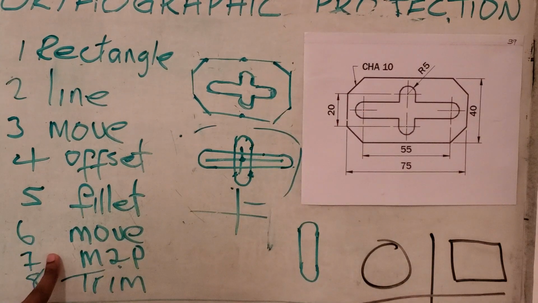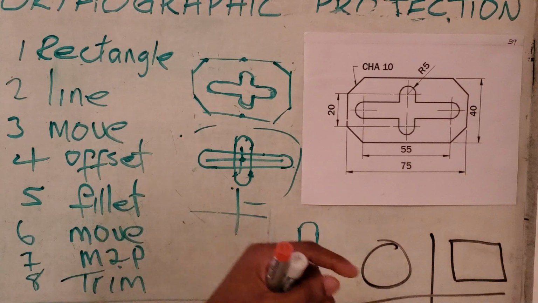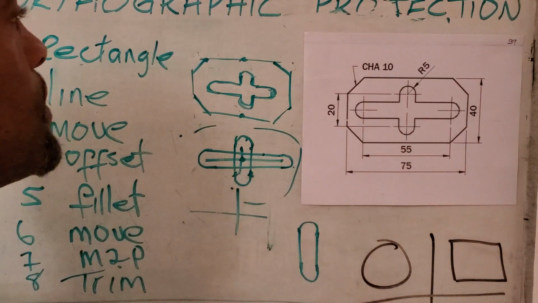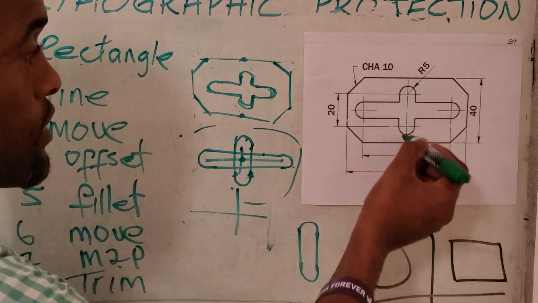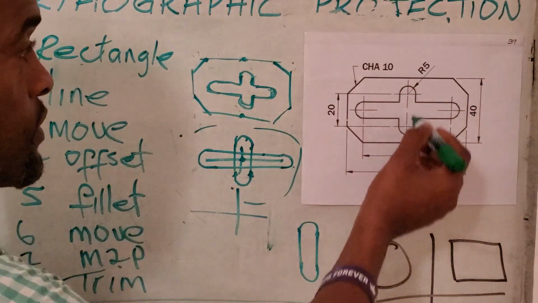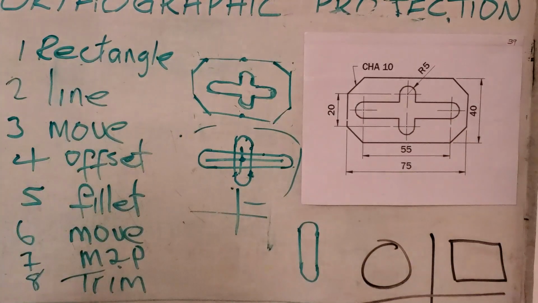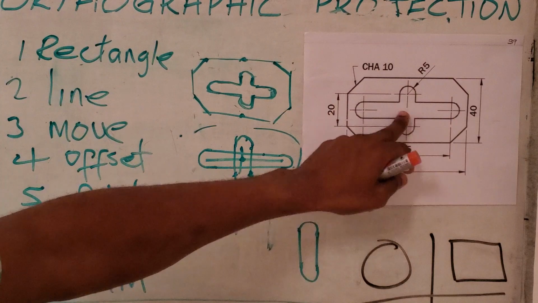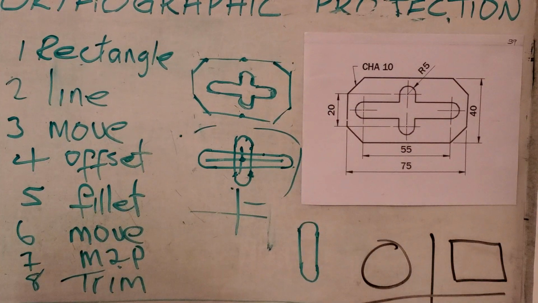Now while moving, you will need a base point and a source point. The source point should be the middle between these 2 points, between here and there. So we use middle of 2 points, M2P, click to drop it in the middle, and that's basically how we do that.